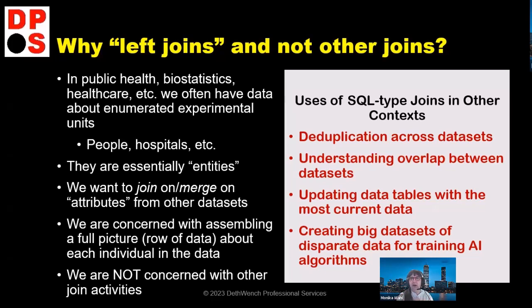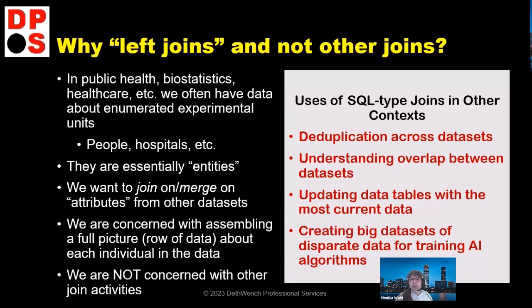So if you go to a car dealership and ask what cars do you have available, and they have a table of all the cars available, the entity of that table is car. And we want to join on or merge on attributes from other data sets. Like let's say there's a 4-door or 2-door car, that's an attribute of the car. But there might be other attributes of these cars, like their vehicle numbers or whatever, and you'd want to merge those on from other data sets.